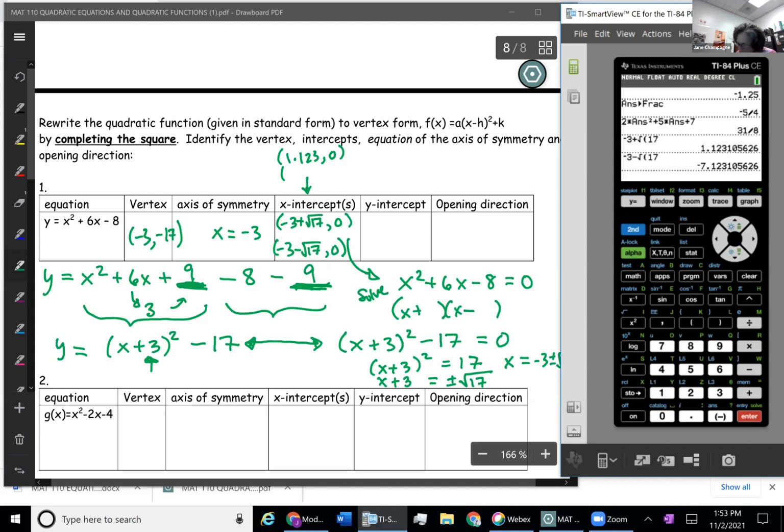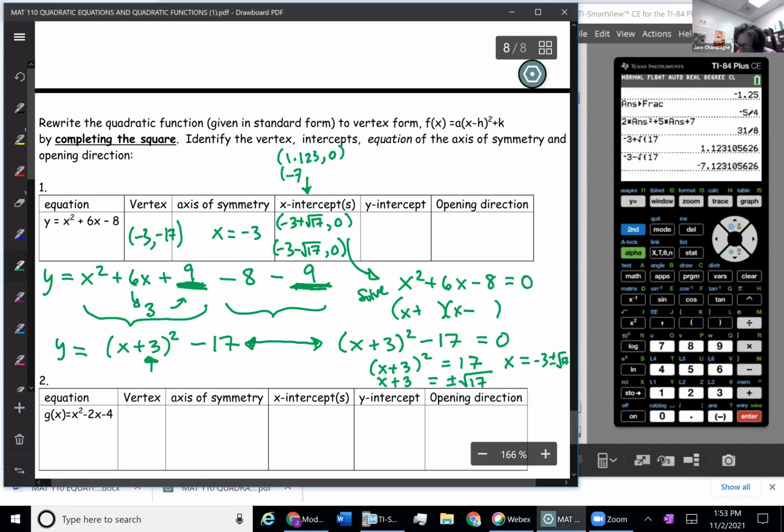Negative 7.123 are the approximate ones. Right, that's what you'd want if you had to actually plot them on a coordinate plane. Now the y-intercept is easy because the y-intercept is where you plug in 0 for x.